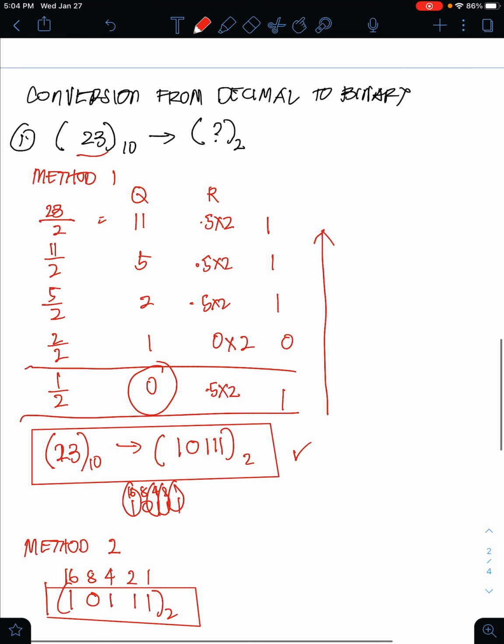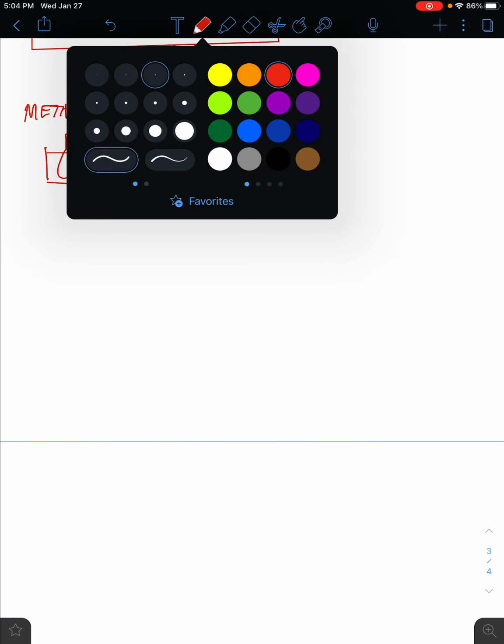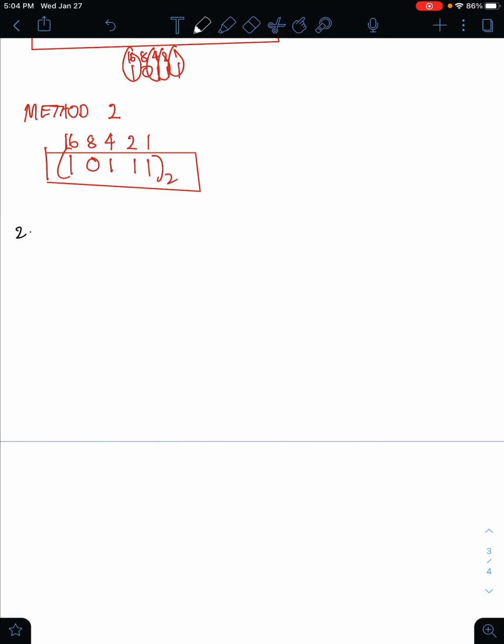Now, the problem with method number 1: what would happen if we have a value like 2,000? Let's not do 2,000, maybe 256 or 258. Let's make it higher: 363 base 10, decimal to binary.